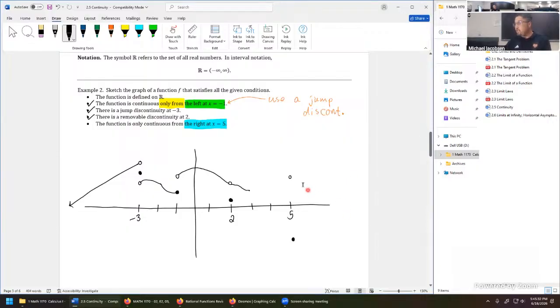We can't come in from the right and go to the open circle. That would violate the continuity from the right. So if we do something, say, like this, give the curve a little bit of character, just make sure it does pass the vertical line test is the only requirement. Then we're not completely done because this part of the curve has to come in and hit the open circle there. So that's what continuity only from the right would look like.